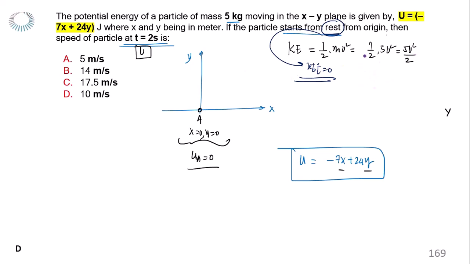Now what is the change in kinetic energy, delta K? It is 5 v square by 2 minus 0, that is 5 v square by 2.